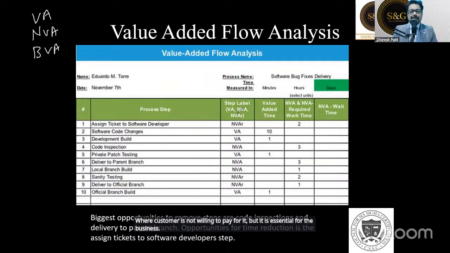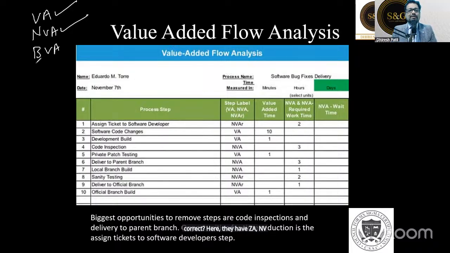Correct? Here, they have VA, NVA, and instead of BVA, they have written NVAR. What is NVAR? Non-value added but required. R for required. Required non-value added is also called business value added. Are you clear?